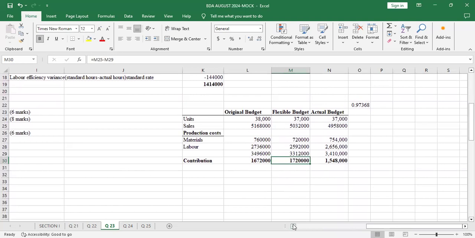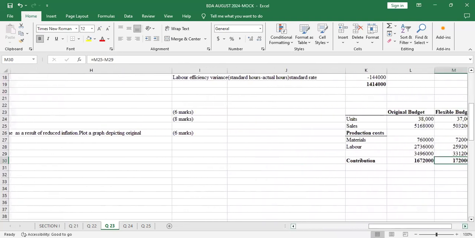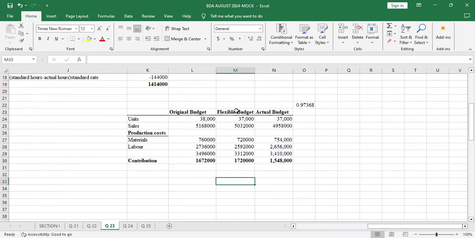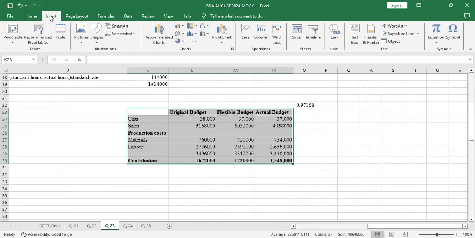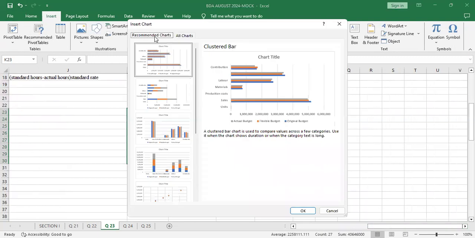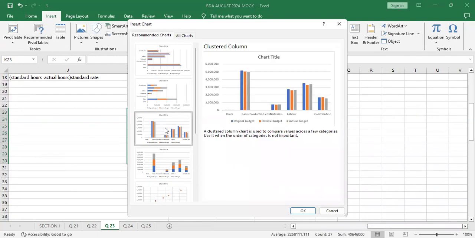We were told to use this information to plot a graph. After doing this adjustment, you just highlight all this, then you insert, then you go to recommended. You can see we have so many graphs. I'll choose this, then say okay.